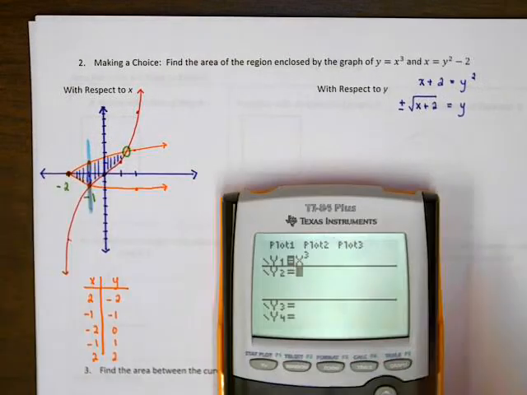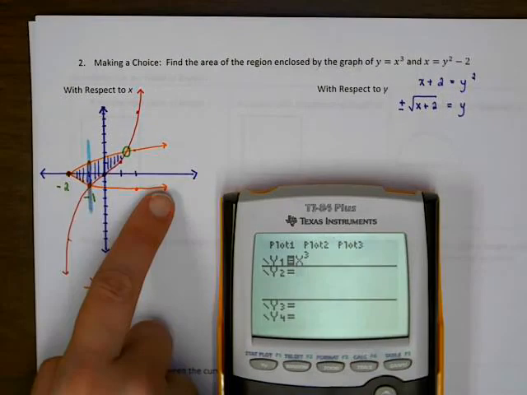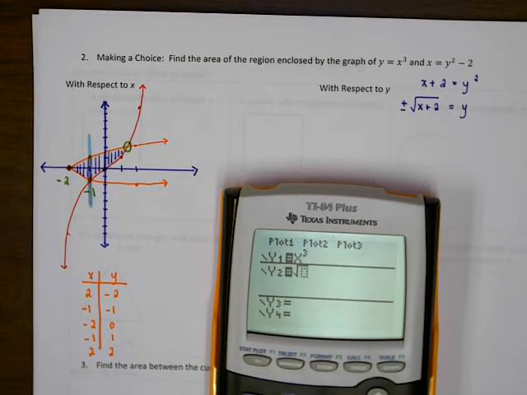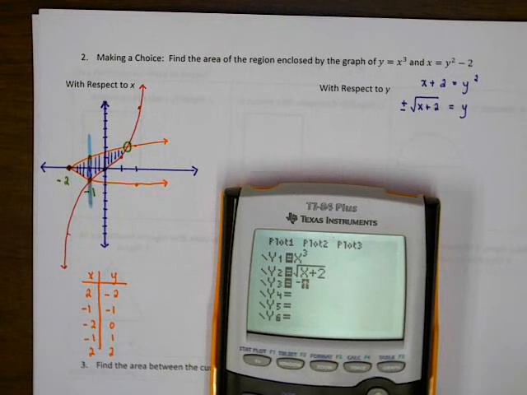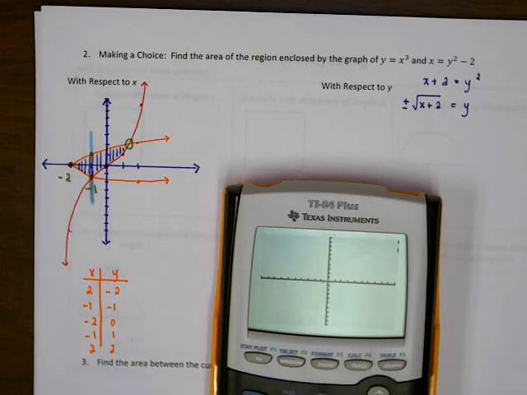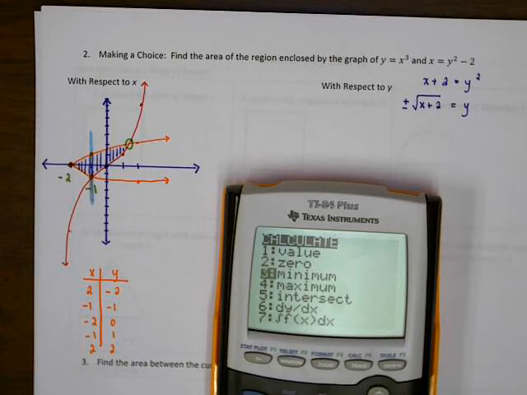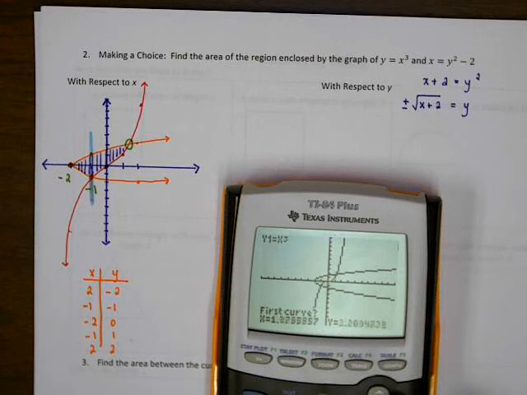What that means is in order to generate this orange graph, you'd have to graph two things: the square root of x plus 2 and the negative square root of x plus 2. Now when I look at my graph, it should look pretty similar to what we've got here on our picture. I'm going to go ahead and calculate this intersection point right over here.